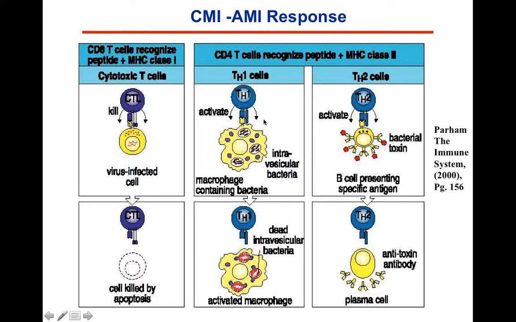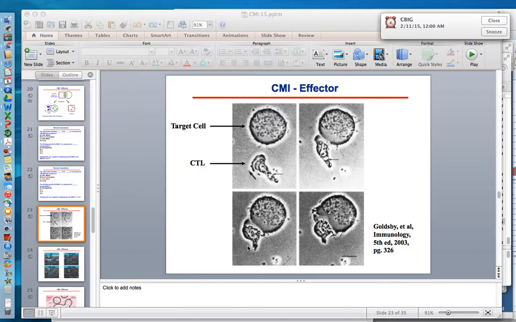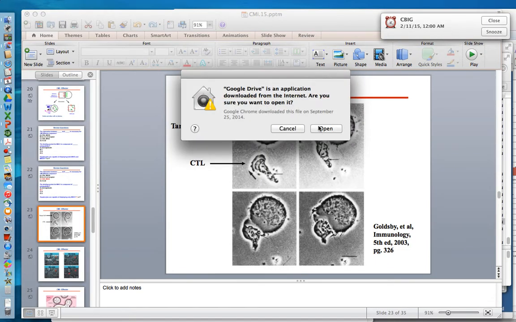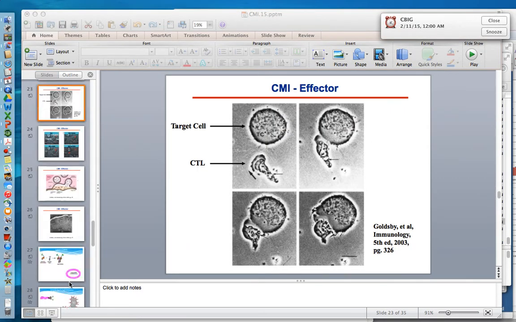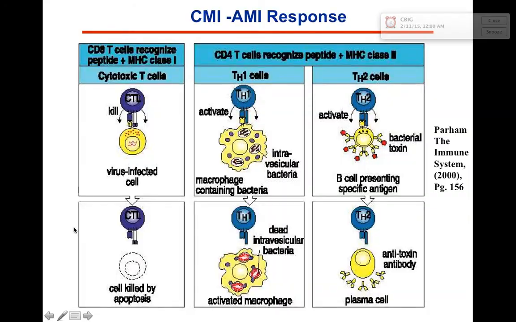Th1 cells are involved in interacting with antigen processing cells that interact with MHC2 as well, and then activation of cells producing IL-2.